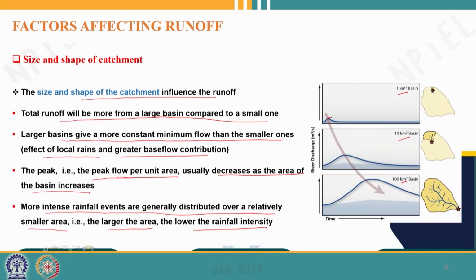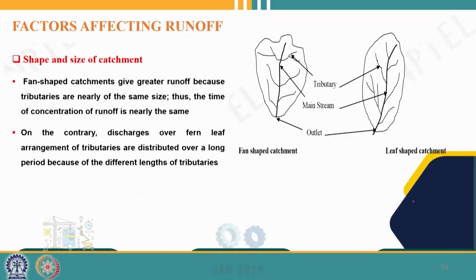So as you can see, the peak flow is significantly high in a larger basin. Also the flow is continuing for a longer period of time, and the minimum flow level is also high, because the base flow or the localized precipitations will be significant in this case.